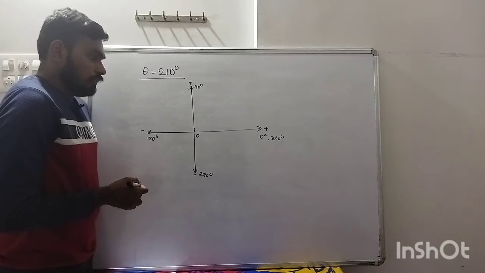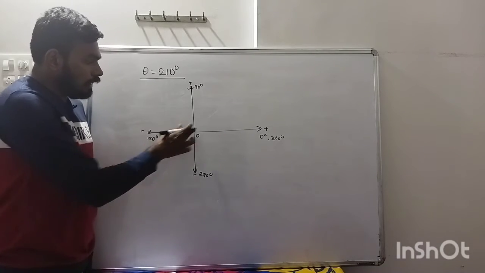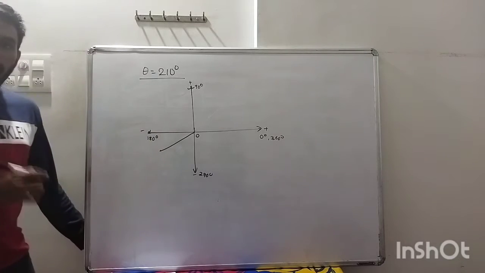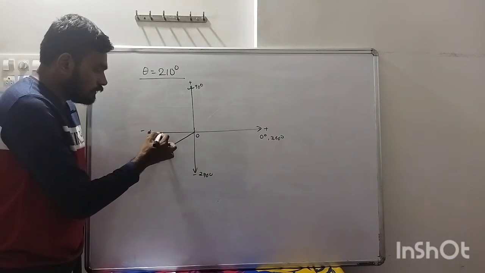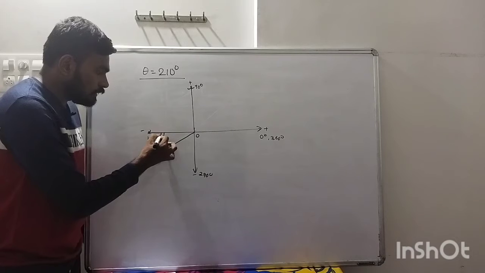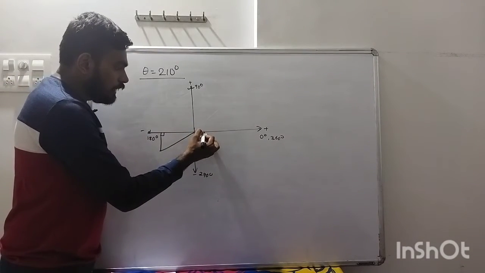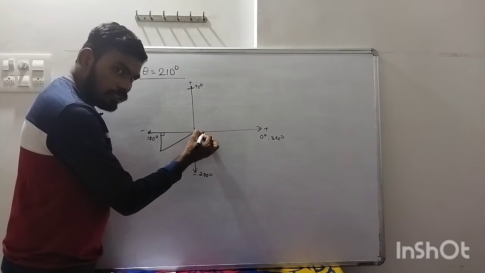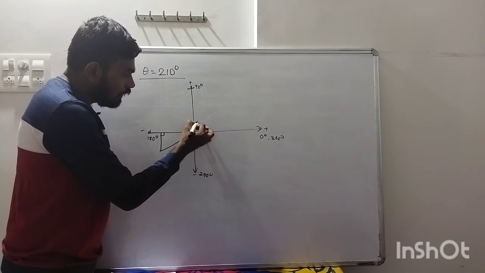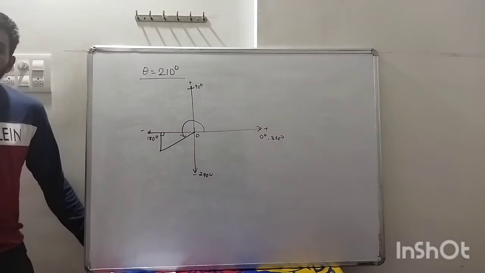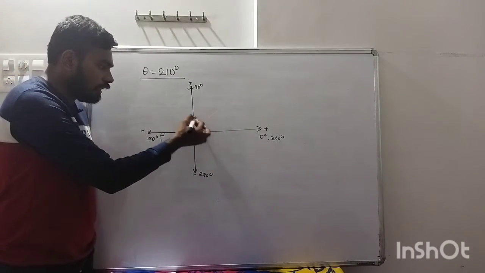So where will 210 degree be? Here. So I draw a line here. Then draw a perpendicular on the x-axis like this. Now, 210 means from here I start and reach till here.